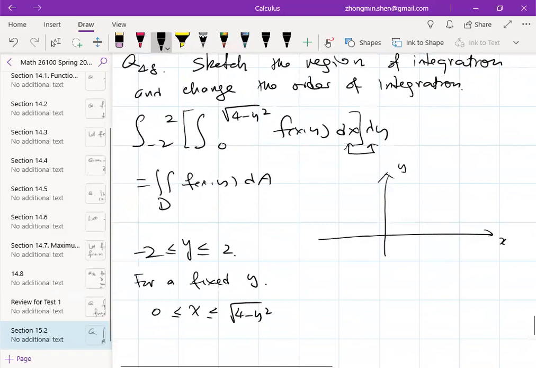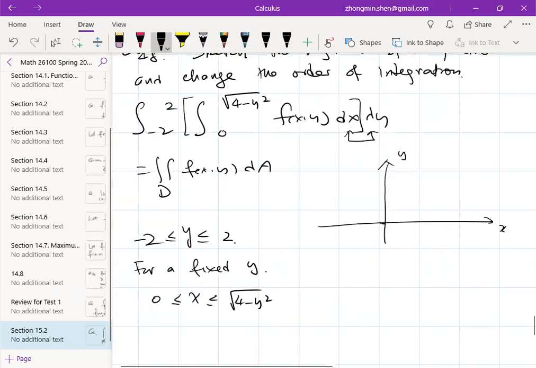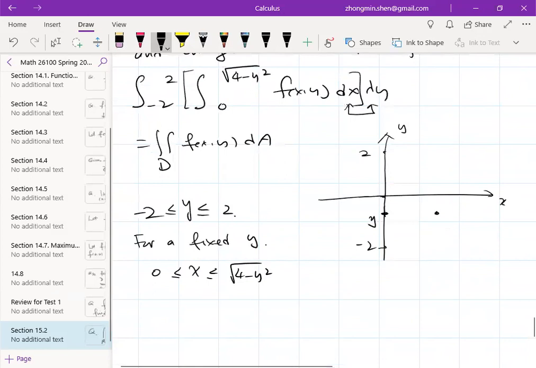Think about that. So now how do I describe it? Y is from -2 to +2. For any fixed y, x is between 0 and somewhere here. So I need to find the relationship between x and y. Let's look at x. What happens when you square it?